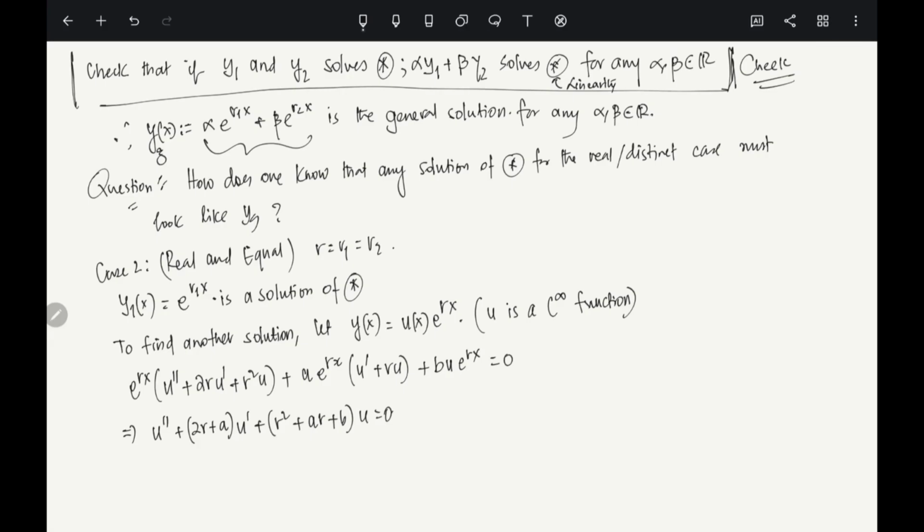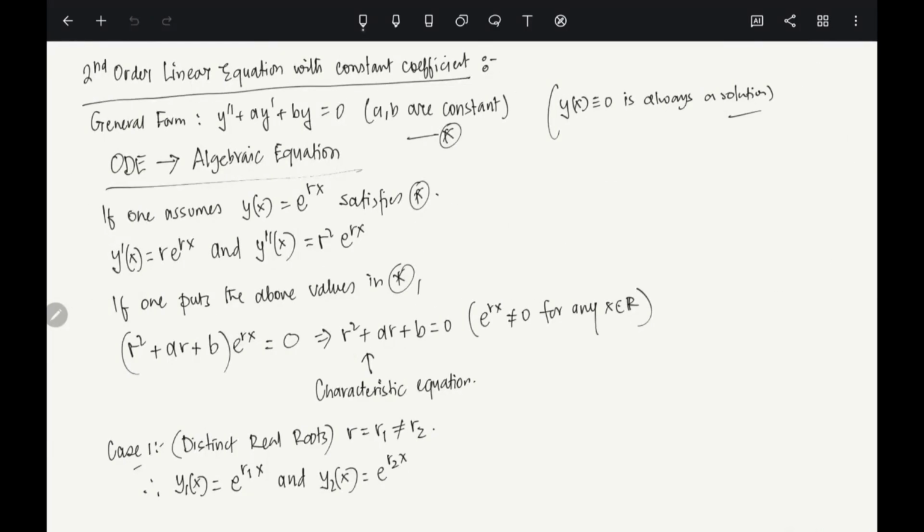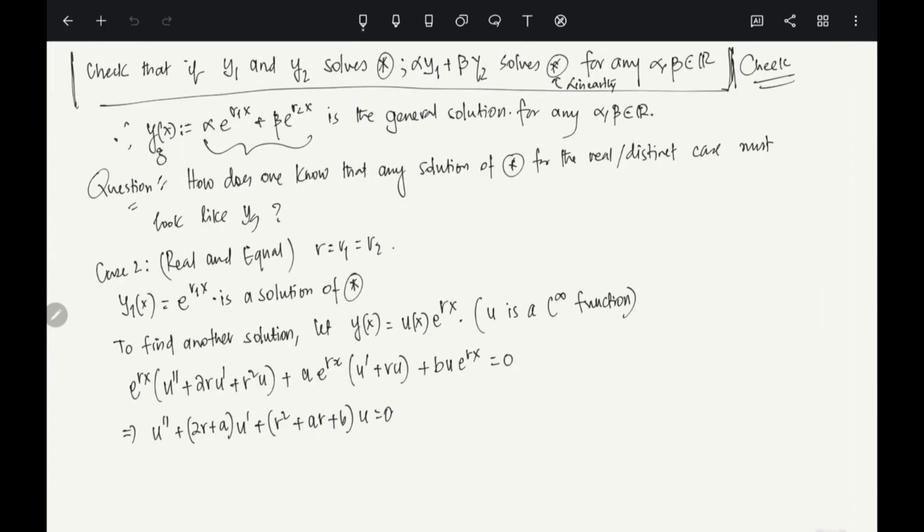Clear? So now you see, r is a root of the characteristic equation, and the characteristic equation is given by r square plus a r plus b. So if r is a root, then r square plus a r plus b equals 0. So basically this term is gone, this is 0.